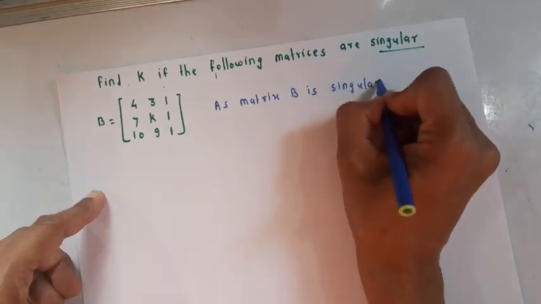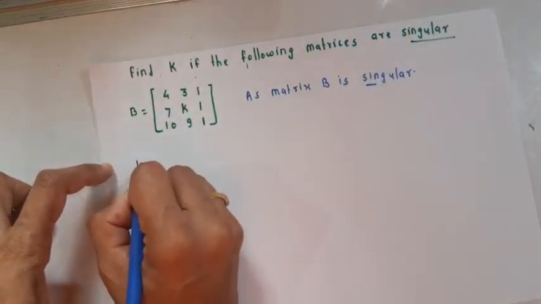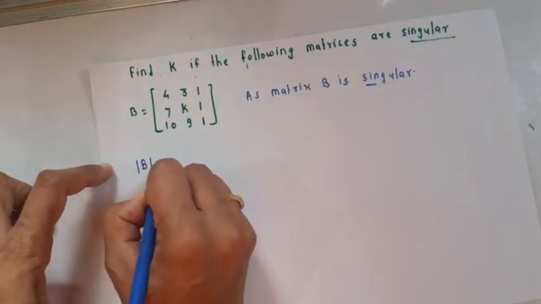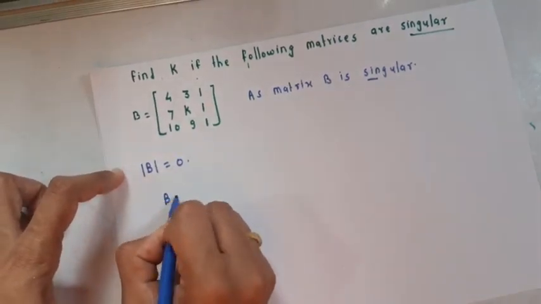You know the properties of a singular matrix. Matrix B is singular, so its determinant value of B equal to 0. So let us find out the determinant value of B.